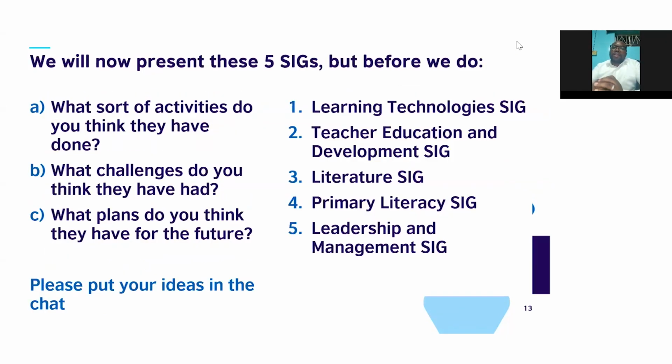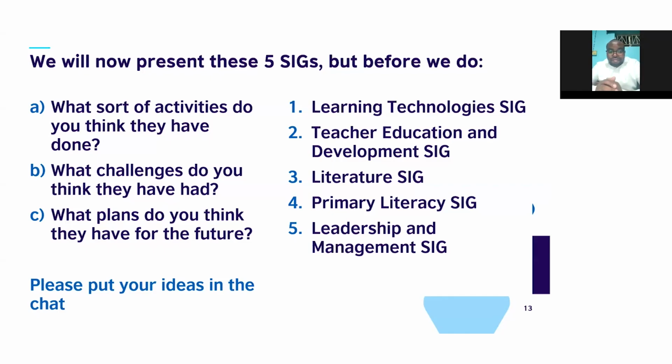Okay, so these 5 SIGs are learning technologies, teacher education and development, literature, primary literacy, and leadership and management. So as we get to the next part, can we try to guess what sort of activities each one of these could have done in the period they've been in existence?